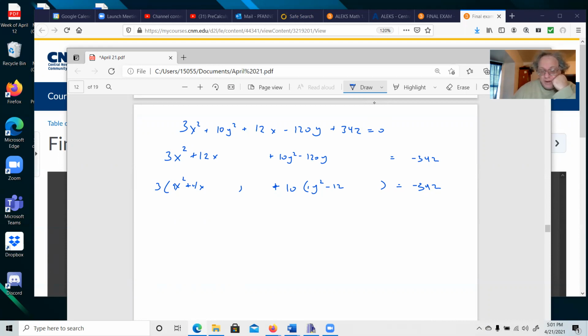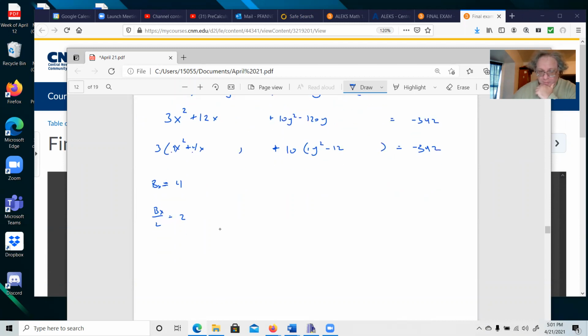Now this middle term here, this is the x part, so I call it bx, because in the quadratic formula it's ax squared plus bx plus c, so it's b. That equals 4. And then we divide this by 2, so we get 2. Remember this 2, it's going to be important later. b over 2 squared is equal to 4. So we're going to add 4 and then subtract 4. So we just added 0. That's okay.